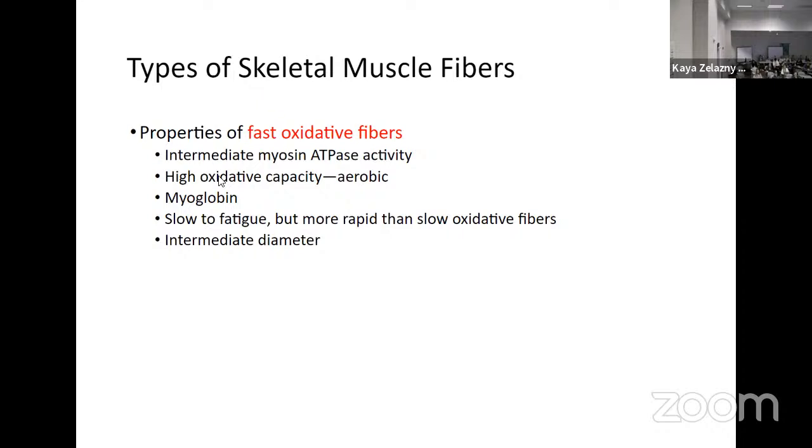They do have high oxidative capacity, right? So they're aerobic, they're using oxygen. They've got some myoglobin in here. They're slow-ish to fatigue, but they're going to fatigue a bit more rapidly than the slow oxidative fibers, which were the slowest. And in terms of how big they are, they're going to be kind of in the middle. So they're going to be intermediate in diameter.